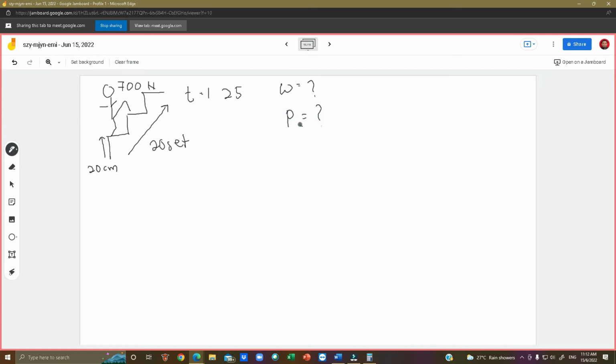Okay, and then the final one is how much change in terms of potential energy recorded for this person. 3 benda. First, what is the work done? How much power produced? And finally, the change of potential energy. The change of means that potential energy final minus potential energy initial.